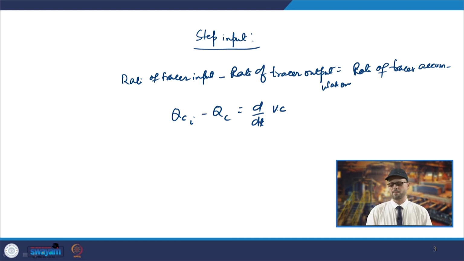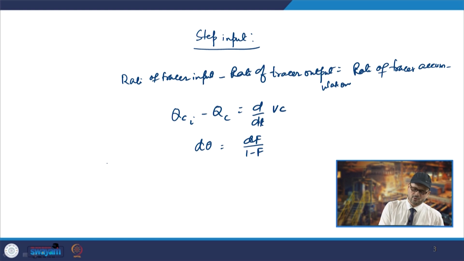That is the conservation principle. This will lead to this value. Now, what we get is the parameter d theta. So, this d theta will be nothing but df upon 1 minus f. If you try to integrate for these cases, you will have the boundary conditions.